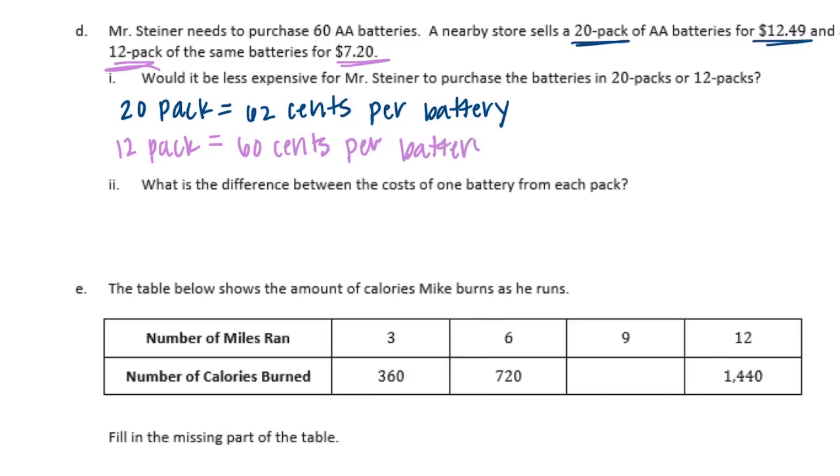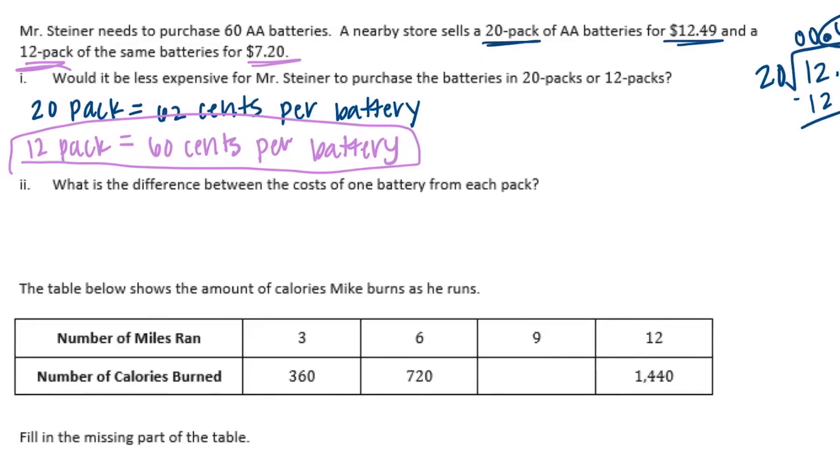So it looks like we would want to go with the 12 packs, and we can figure out how much it would cost. So if he needs 60 and he's buying them in groups of 12, 12 times 5 is 60.